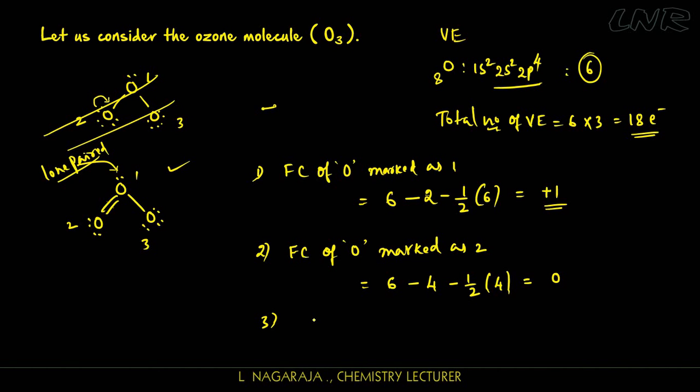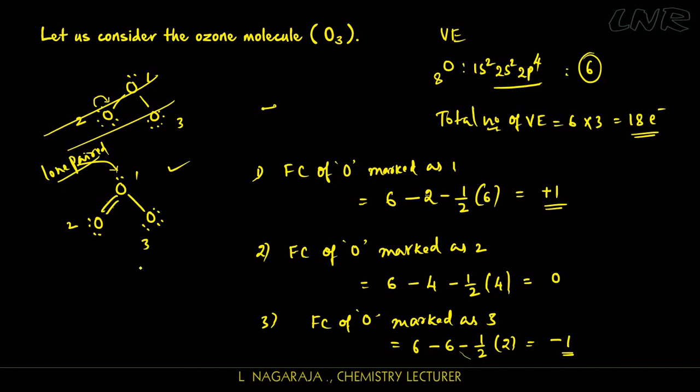Then the formal charge of oxygen marked as 3: 6 valence electrons minus lone pair electrons, that is 2, 4, 6, minus half of the bond pair electrons. It contains only one bond, that is 2. So 6 minus 6 minus half of 2 is equal to minus 1.